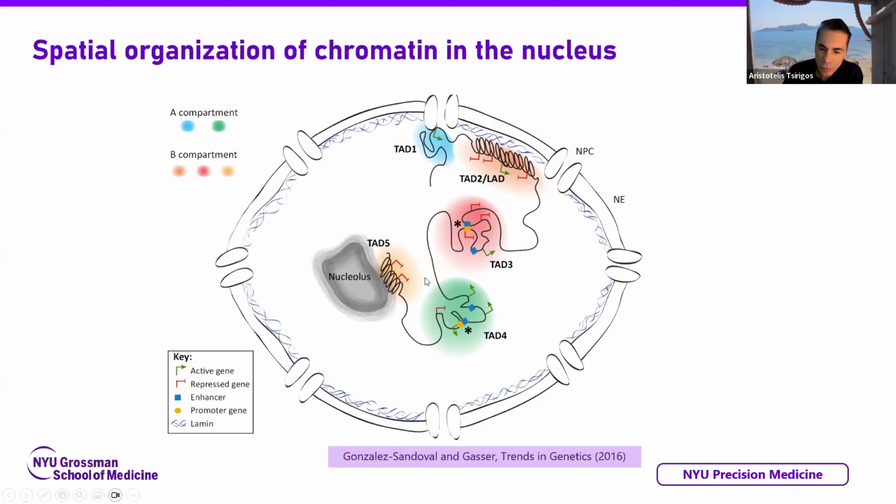And then if you keep zooming in into chromatin, you start seeing these highly interacting, highly organized domains, as we call them. They're called topologically associating domains, TADs for short. So essentially what these are, you can think of them as a functional regulatory unit on chromatin, on DNA.